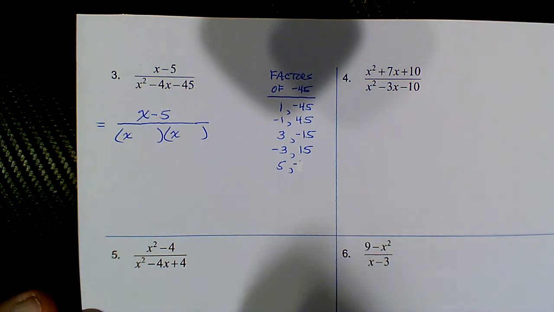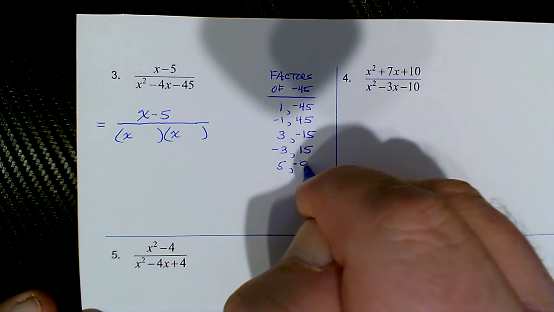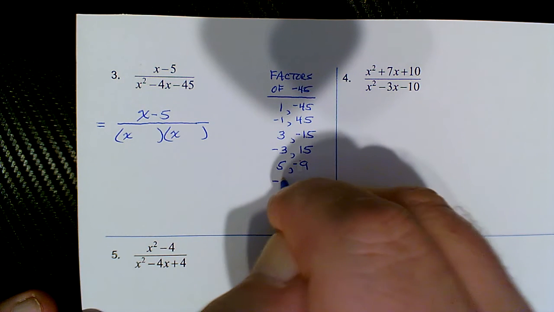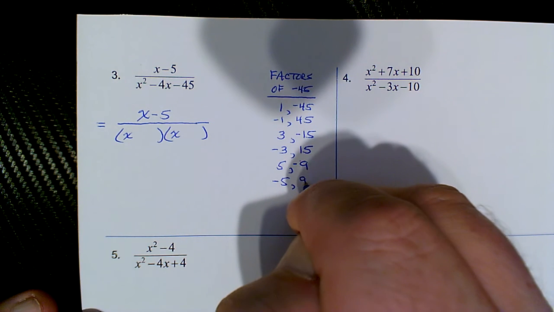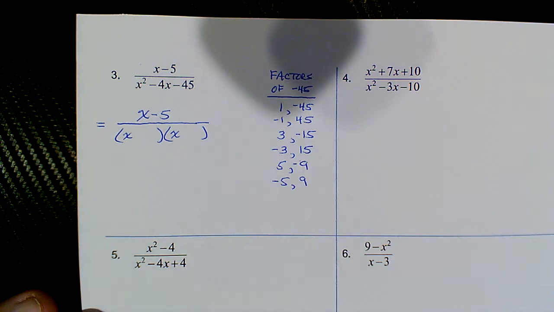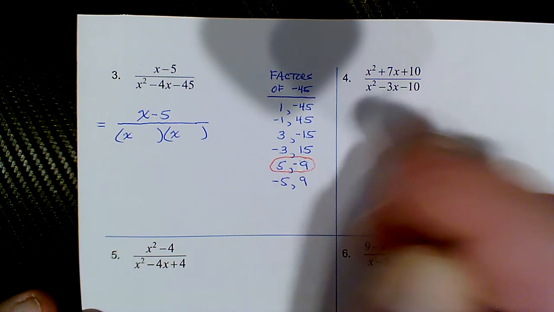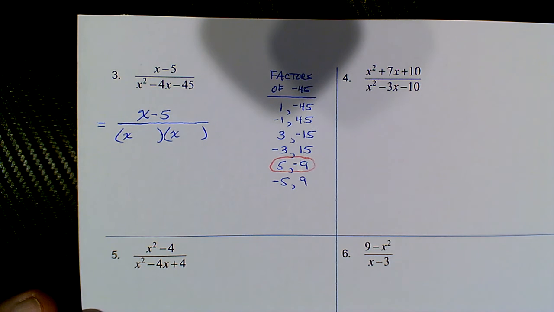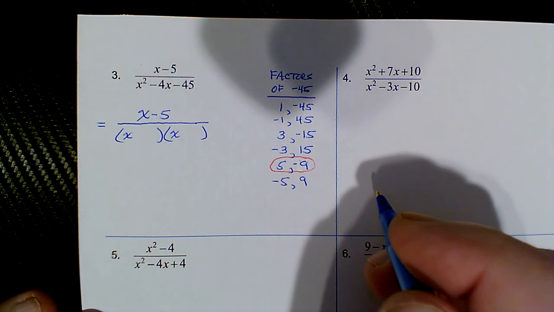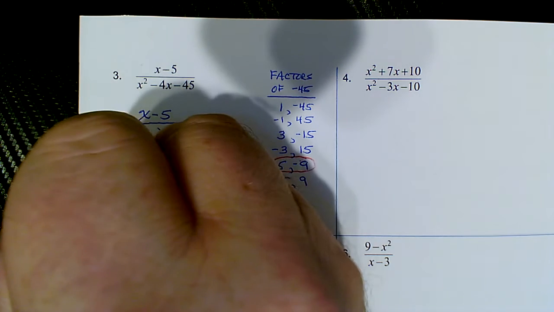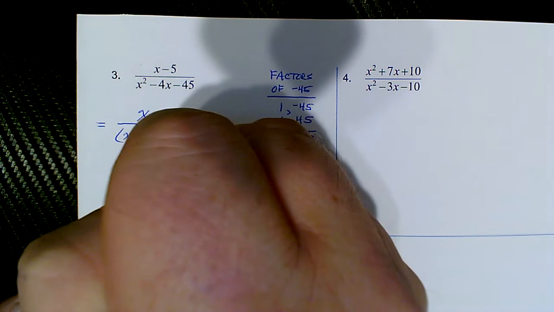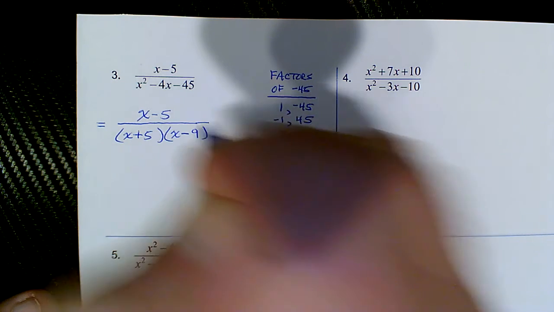So 5 and negative 9, and I think we got it, right? But let's just be complete, negative 5 and 9. And that's all the factors of 45, and the pair that combines to give a negative 4 is 5 and negative 9. So we have an x plus 5 and an x minus 9.